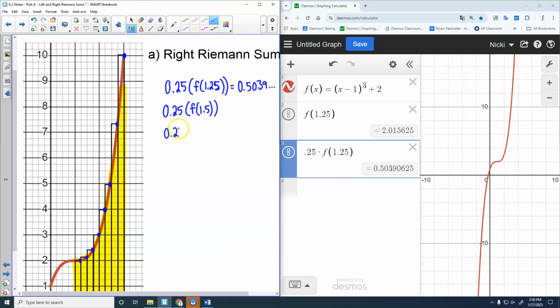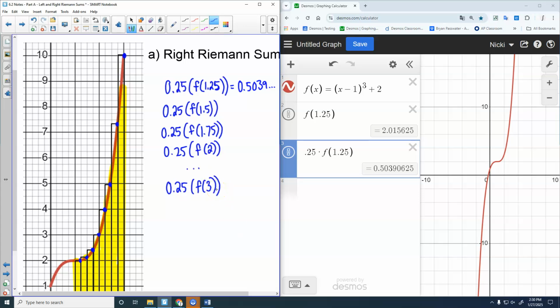And then the next one would be f of 1.75, and then f of 2. And this is going to keep going all the way until I get to the last one here, which would be f of 3.